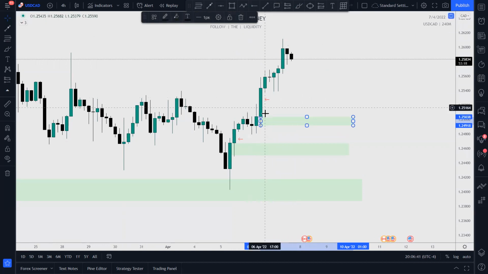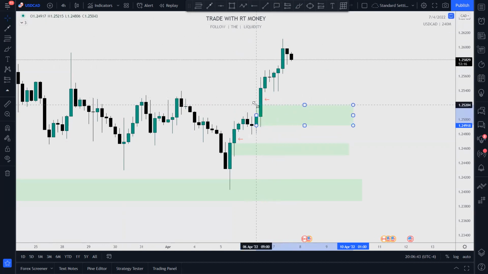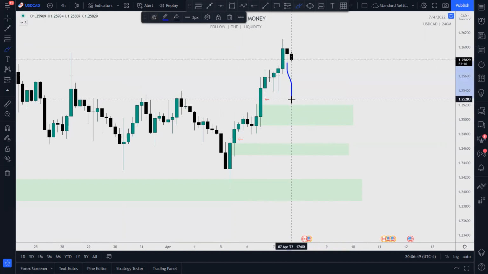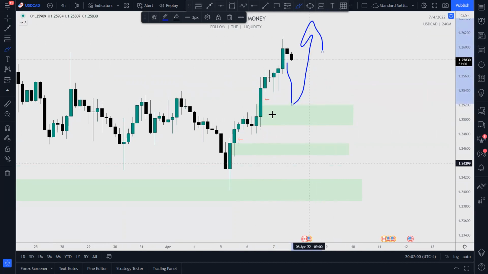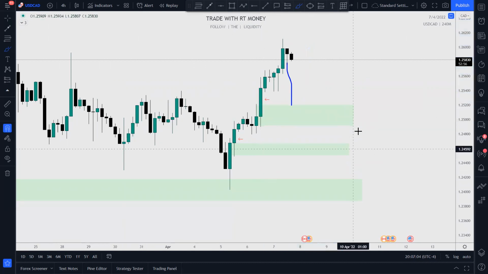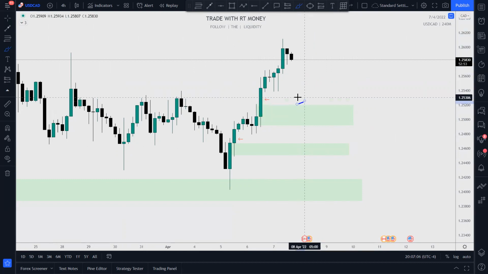But what price tends to do sometimes when it pulls back is stop right here, because this is where the fair value gap is filled. And sometimes it'll take right off. I take the whole zone, and I monitor as soon as price hits this. I start to monitor for bullish price action.